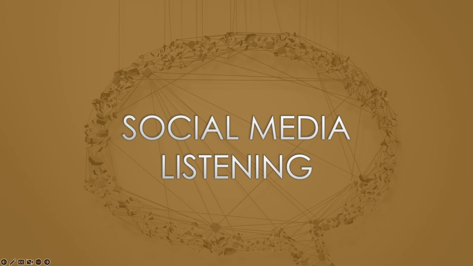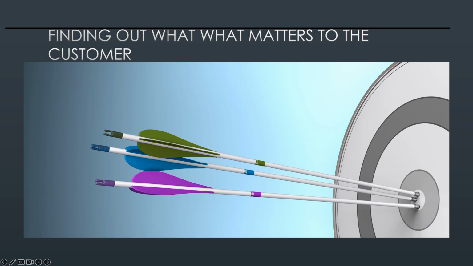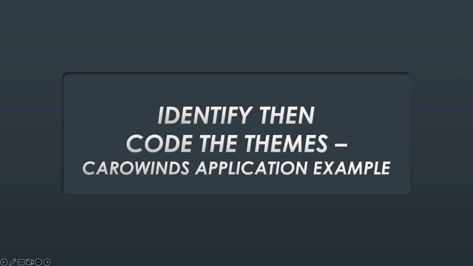So how do you do that? We want to understand what they're looking at. And I'm going to give an example from the Carowinds application and identifying, then coding the themes that we found within the Carowinds application.